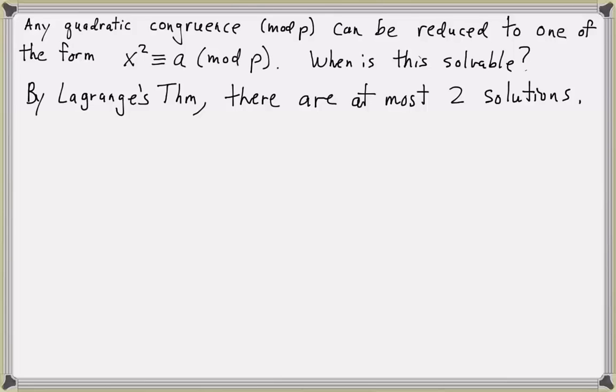So we see that there's either 0 solutions or 2 solutions to every congruence of this form. So if x is a solution, so is negative x.